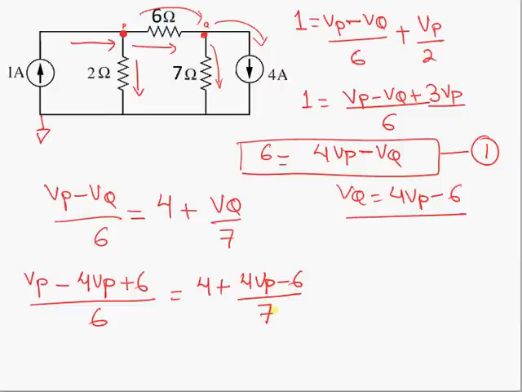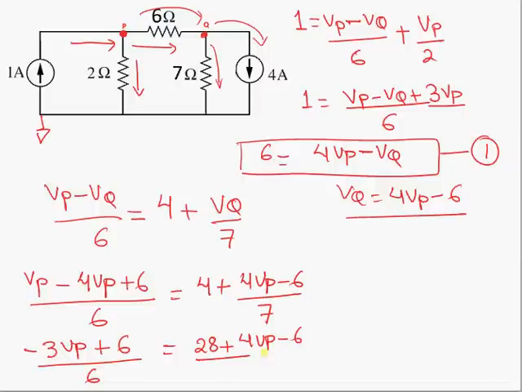Now if we simplify this, we get (minus 3 Vp plus 6) divided by 6 is equal to 28 plus (4 Vp minus 6) divided by 7.